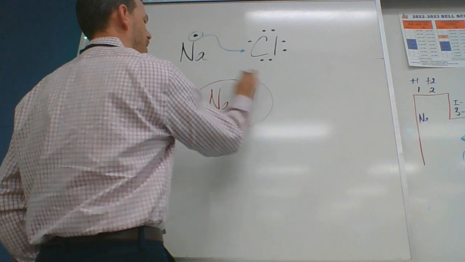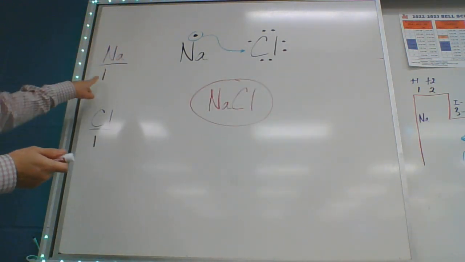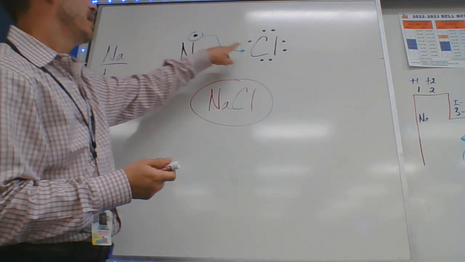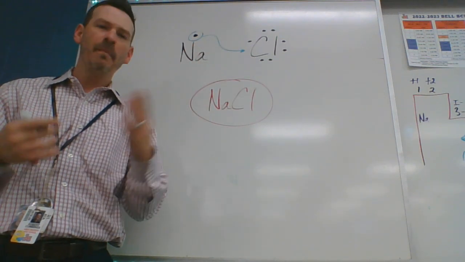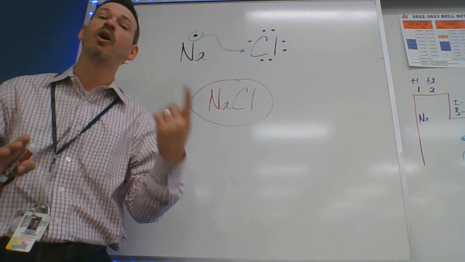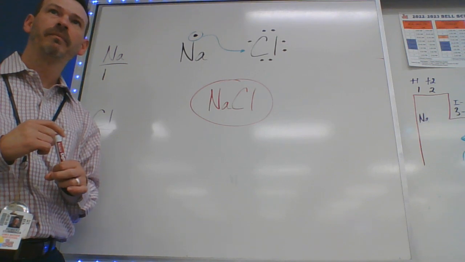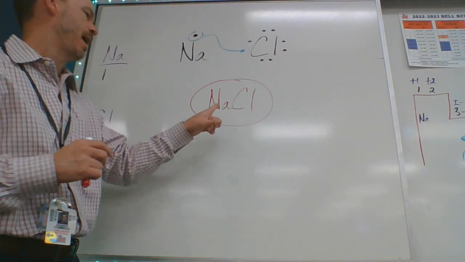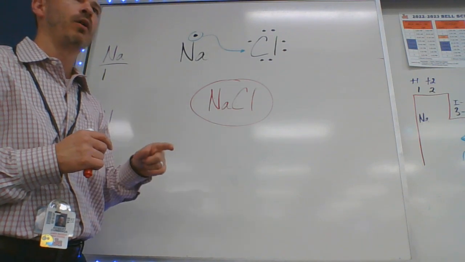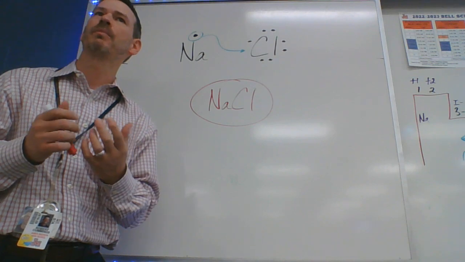That's the formula for sodium chloride, because I only need 1 of each of them to make the octet happy everywhere. And that might seem really simple to you, but when I show you our next example, you'll see that it can get a bit muddier. So if you're going to bond these together into an ionic compound, metal with a nonmetal, you only need 1 of each, which is why there's no little numbers, no subscripts.